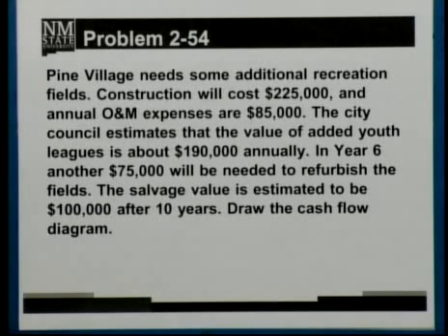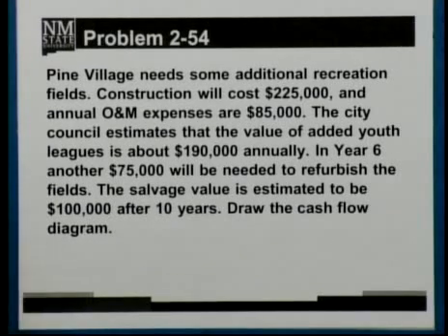And in year 6, another $75,000 will be needed to refurbish the field. And the salvage value is estimated to be $100,000 after 10 years. So we need to draw the cash flow diagram for this case.